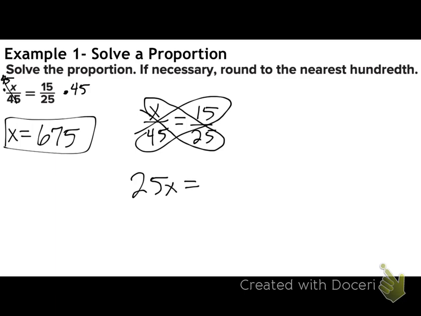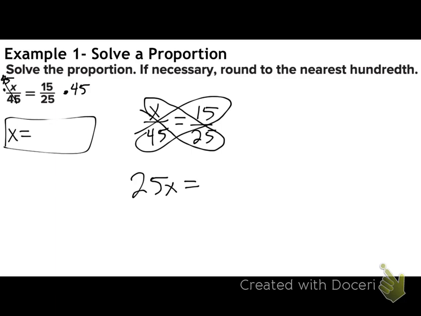Equals, what's 45 times 15? 675. Well then, we got this wrong right here.